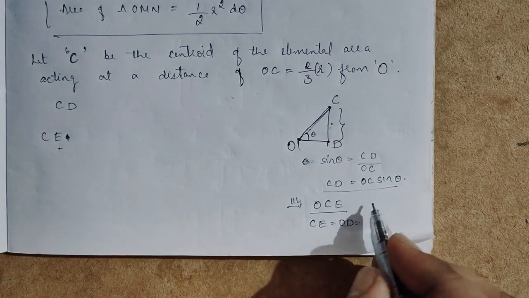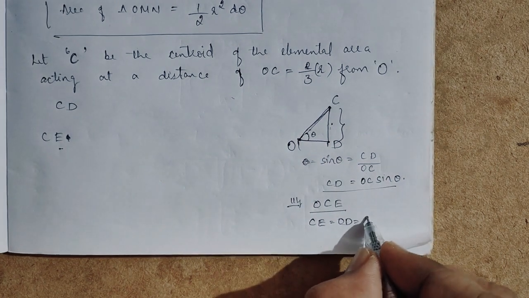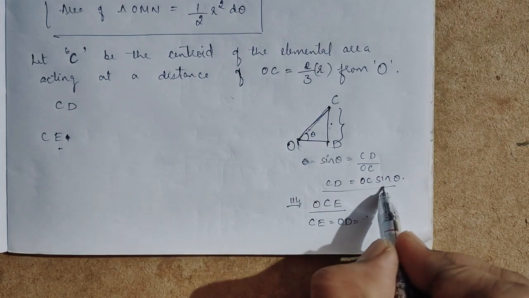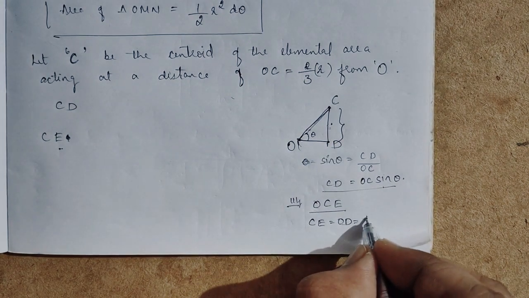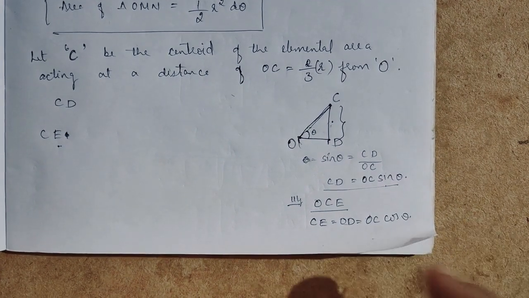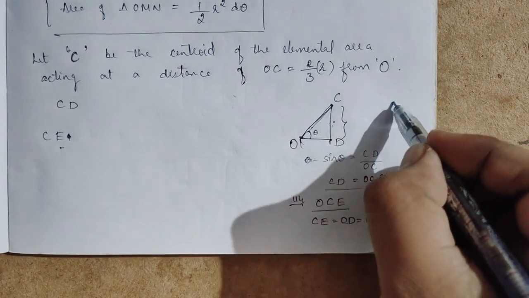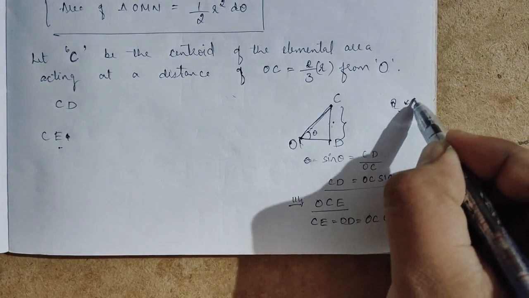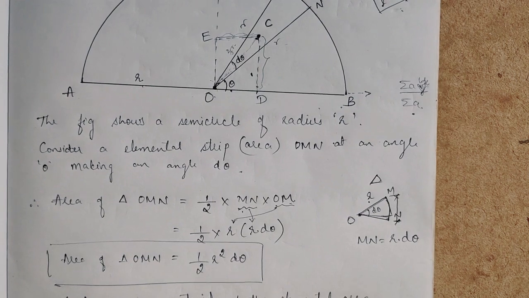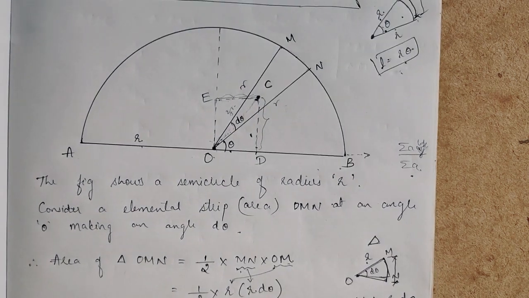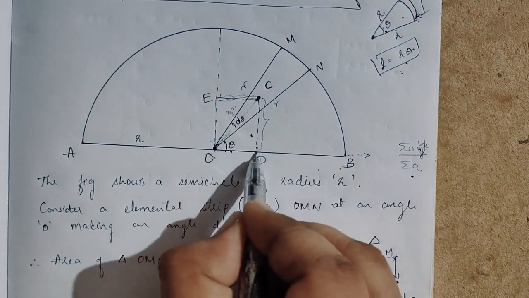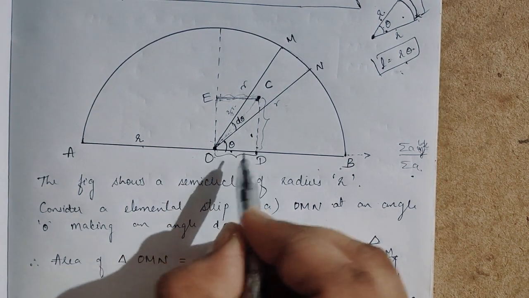OD is nothing but OC cos theta, where the other was sin theta. You have to remember this, this is the key for the derivation of the centroid of a semicircle. So this EC is the same as distance OD.